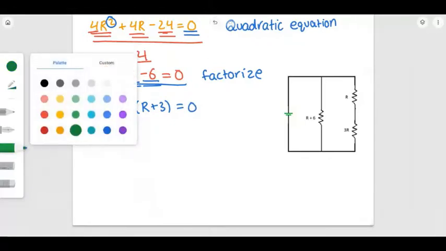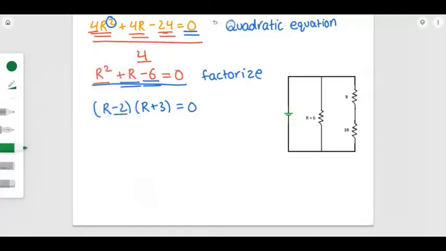As you can see here, when you multiply negative 2 and 3, it gives you negative 6. And when you add those values together, they give you positive R.